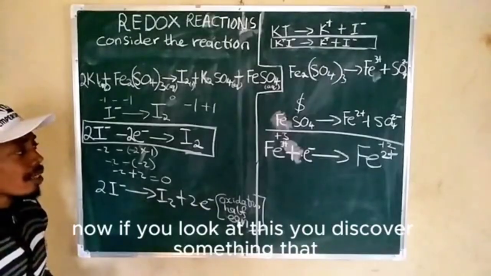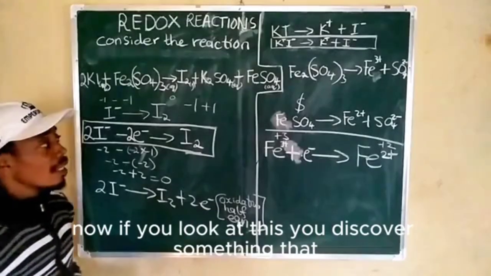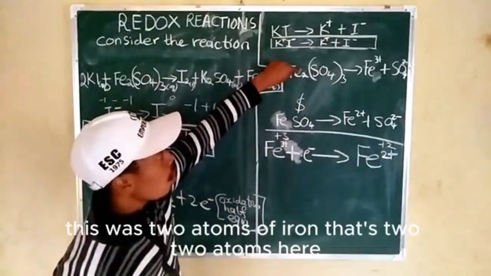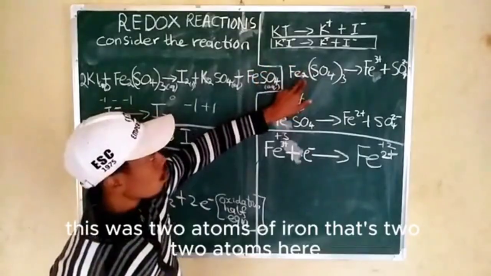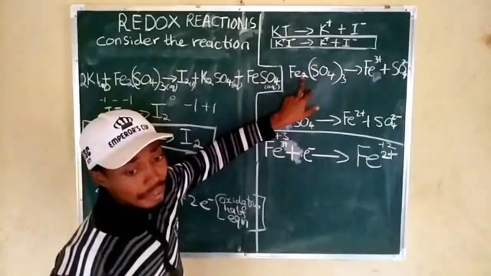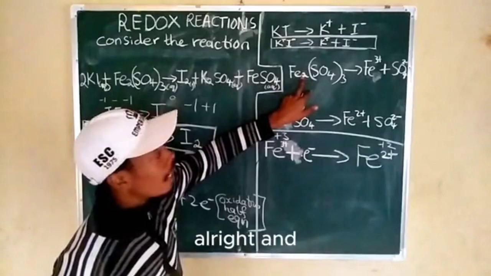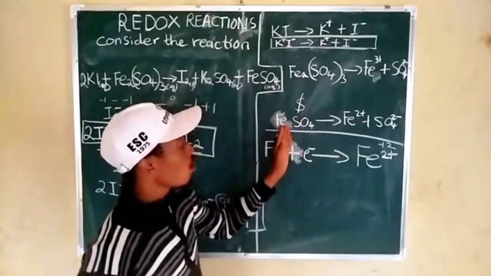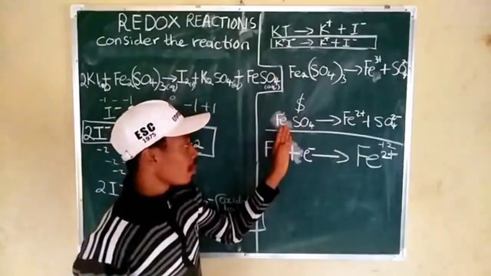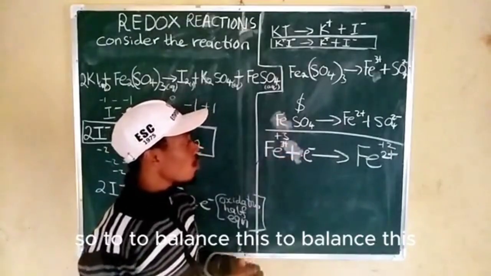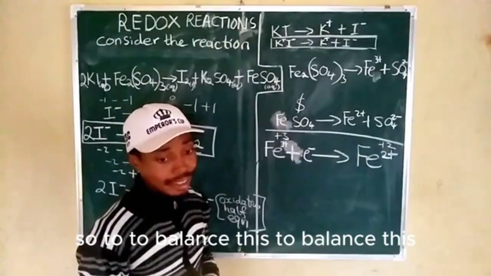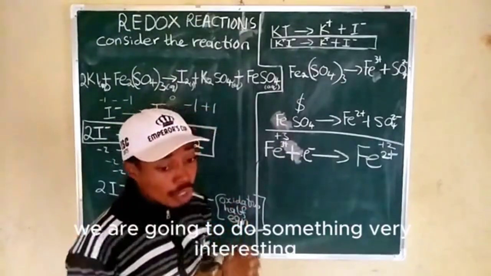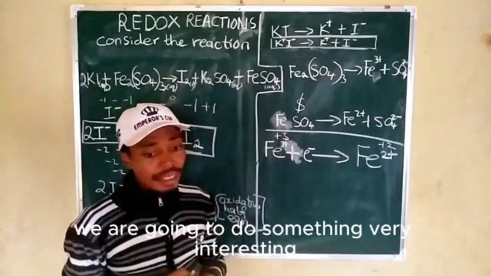Now, if you look at this, you discover something: this was two atoms of iron. That's two atoms here. And in the product, we are having just one atom. So, to balance this, we are going to do something very interesting.